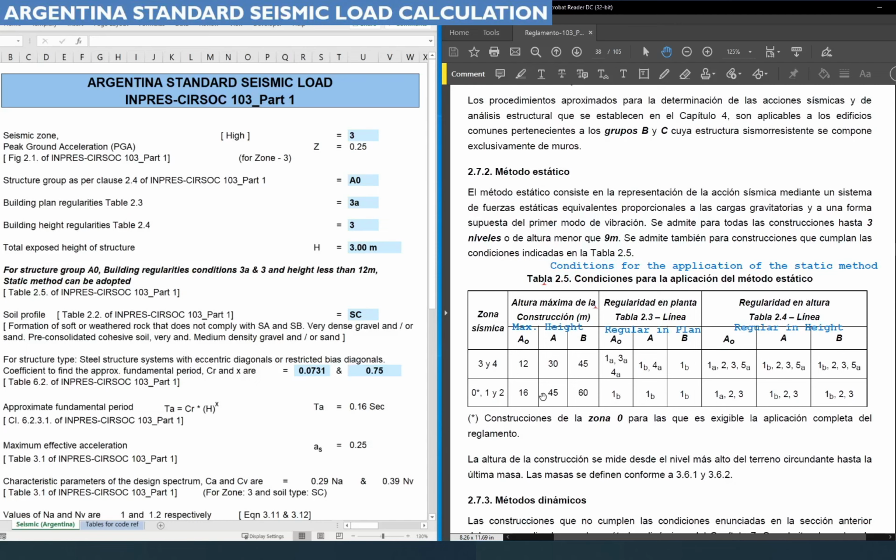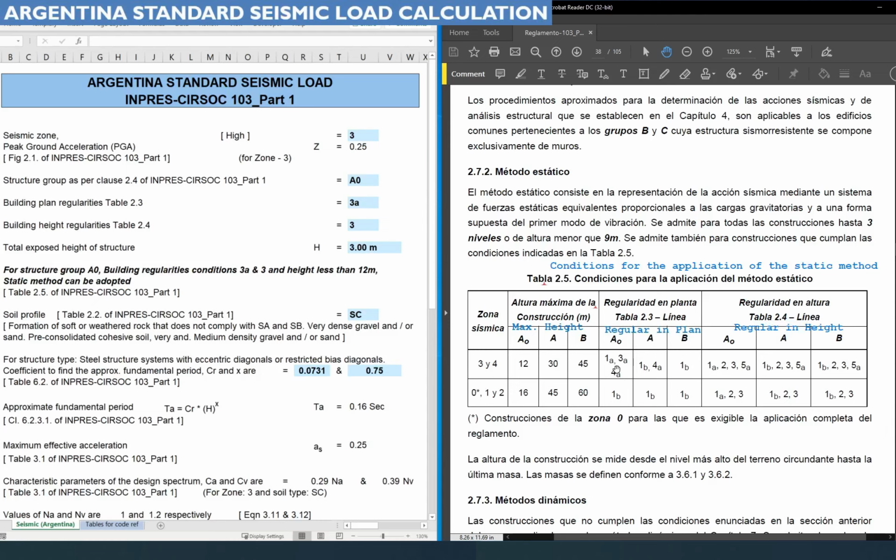For seismic zone 3, 4, if the structure category falls under A0, it has a 12 meter height; if the structure category falls under A or B, the structure height is respectively 30 and 45, then we can consider this as regular. In addition to that, regular in plan and height also we need to check based upon the tables which we had seen just before, tables 2.3 and 2.4.